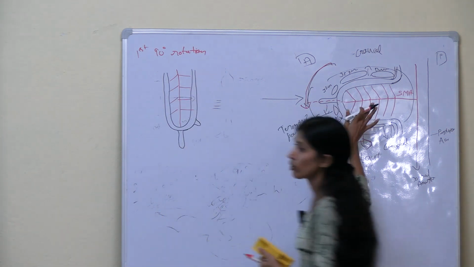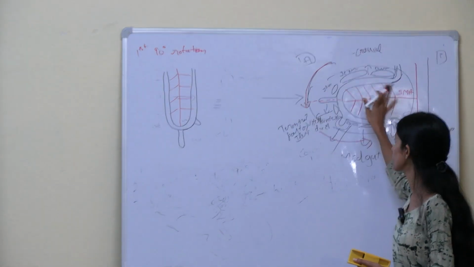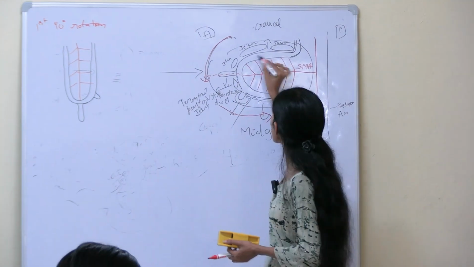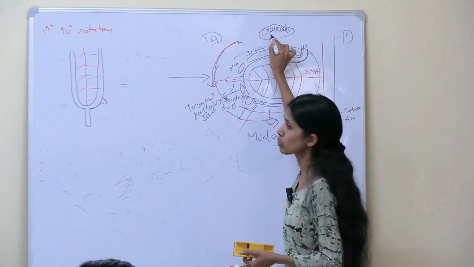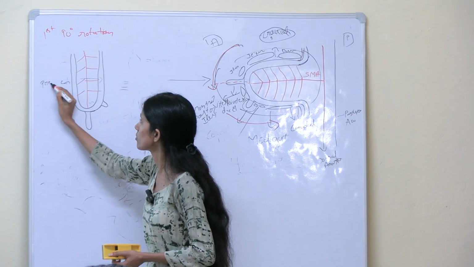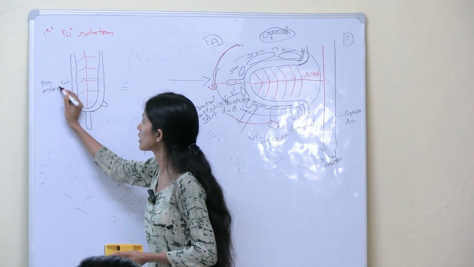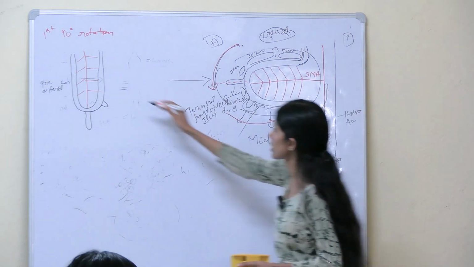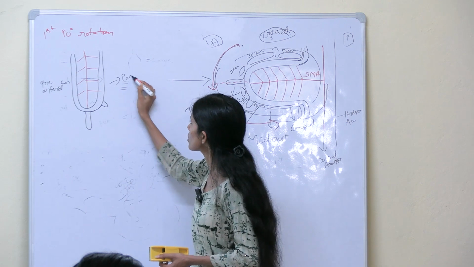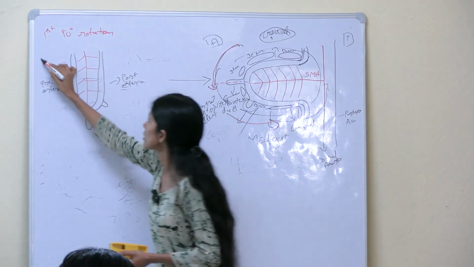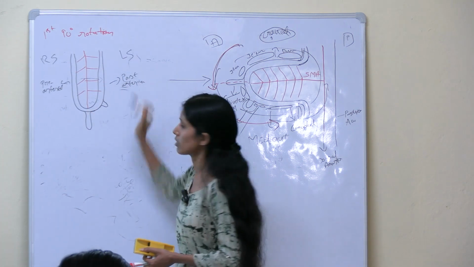Okay. So now this midgut loop has taken a 90-degree anti-clockwise turn. So your pre-arterial part will now come to the right side. This is the pre-arterial part, and the post-arterial part will go to the left side. So this is your post-arterial segment. This is the right side and this is the left side.